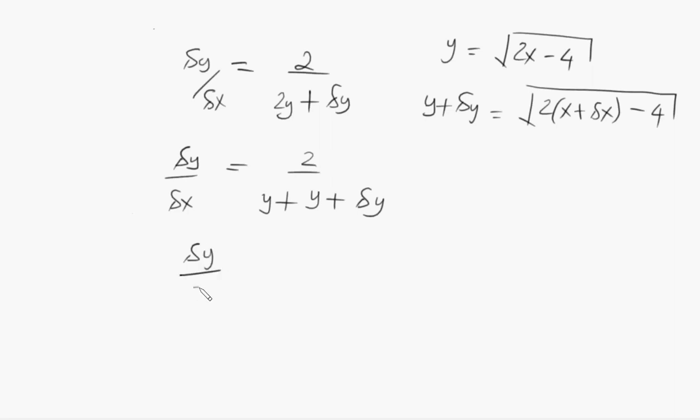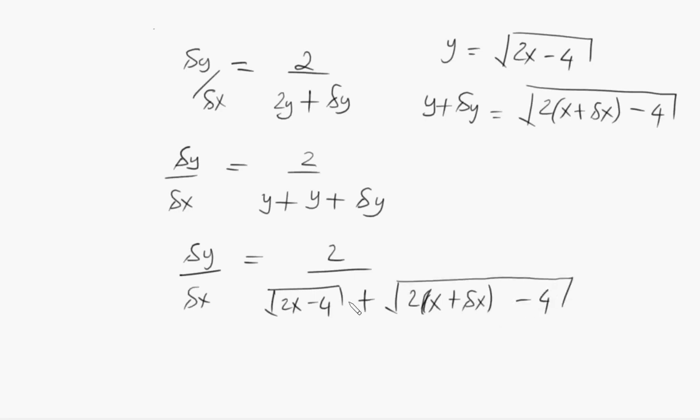So this delta y over delta x is just 2 over our y, which is the square root of 2x minus 4, plus our y plus delta y, which is the square root of 2 brackets x plus delta x minus 4. So the limit of this as delta x approaches 0, it means delta x is very small now. Once you add it to x, the change in x is so negligible, it's just like x itself. A very small value has been added to x, so it's like x has not changed at all.